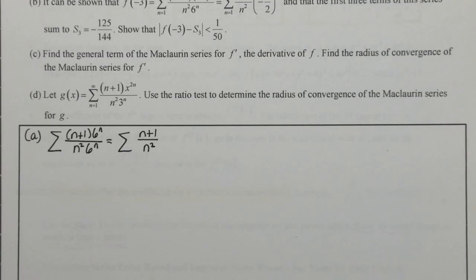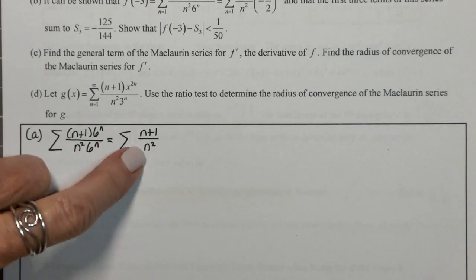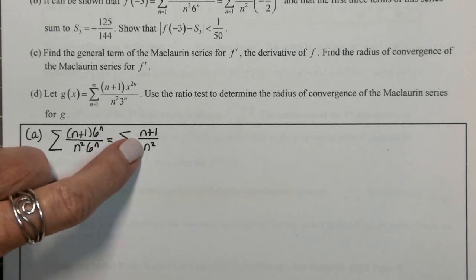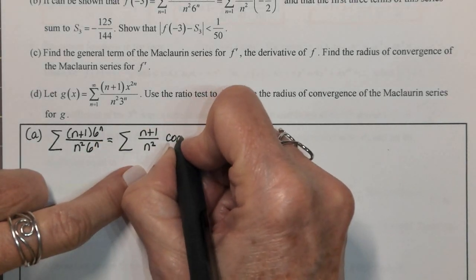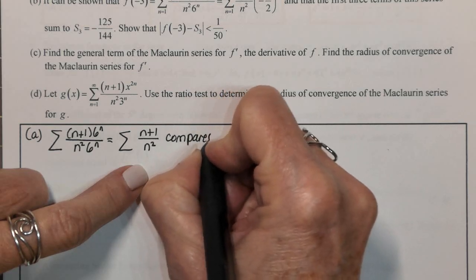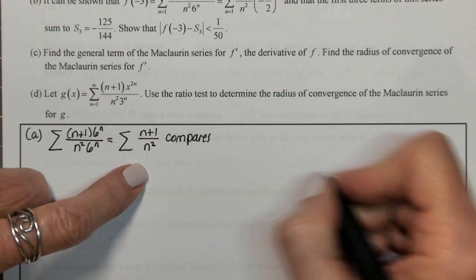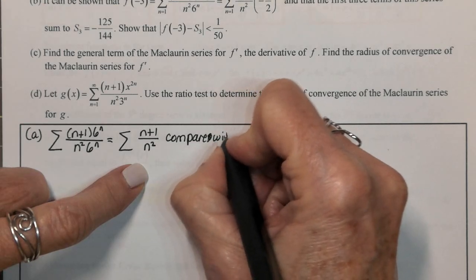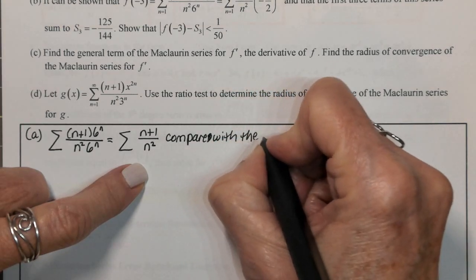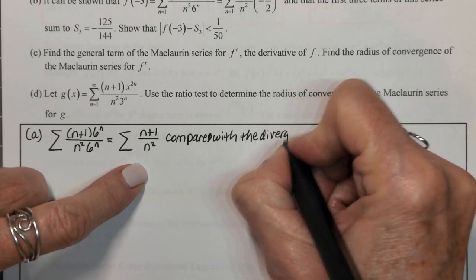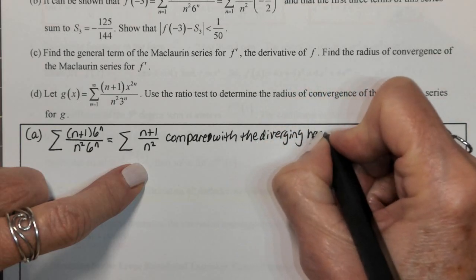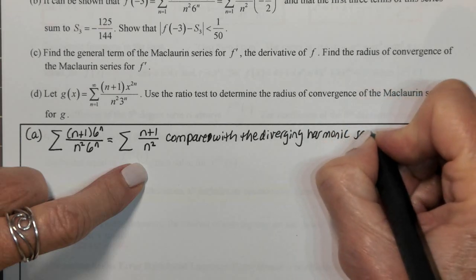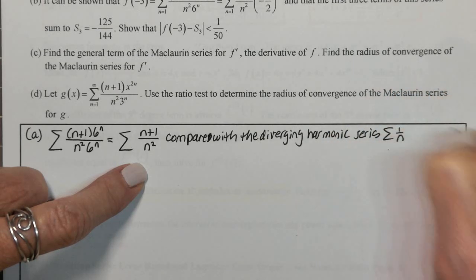Now we're back where we were yesterday doing the convergence tests. How do we show whether that converges or diverges? Well, it behaves like the series for 1 over n. So it behaves like the harmonic series. So compare with the diverging harmonic series, 1 over n.